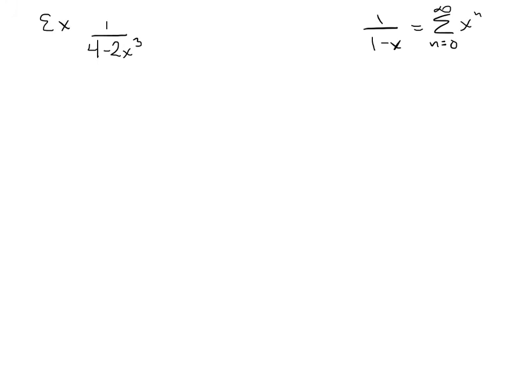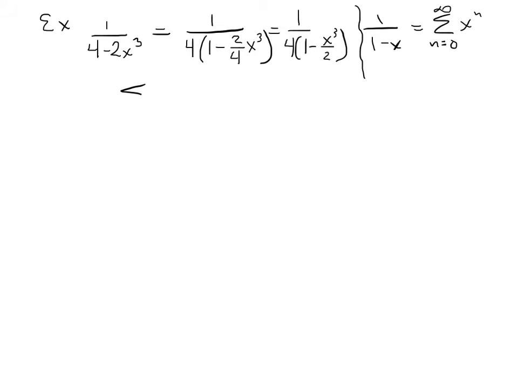So in this one, we don't have a 1, we have a 4. So I need to factor that out. If I do that, then I am left with a 1 minus 2 over 4 times x cubed. So that would be 1 over 4 times 1 minus, say, x cubed over 2.